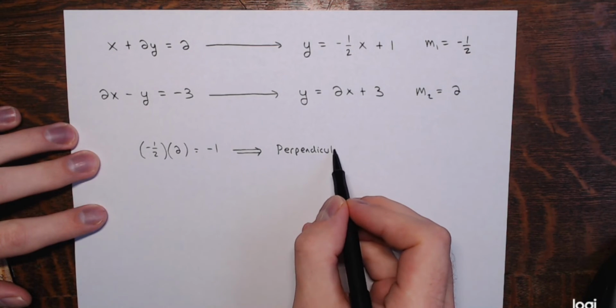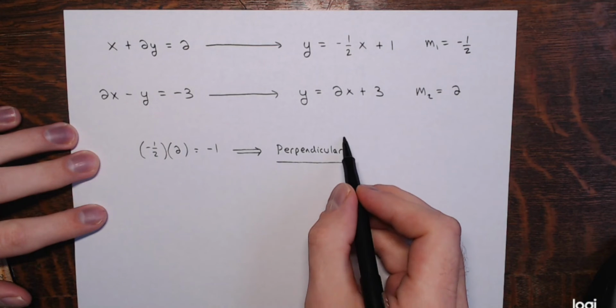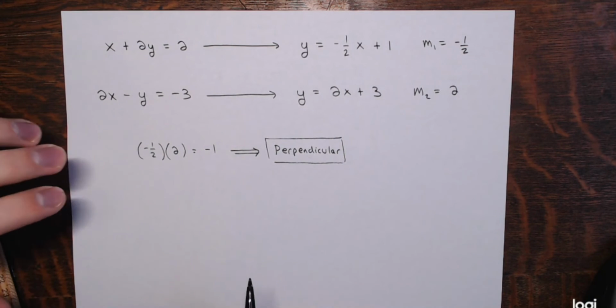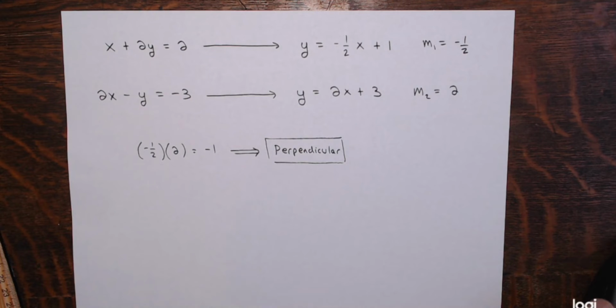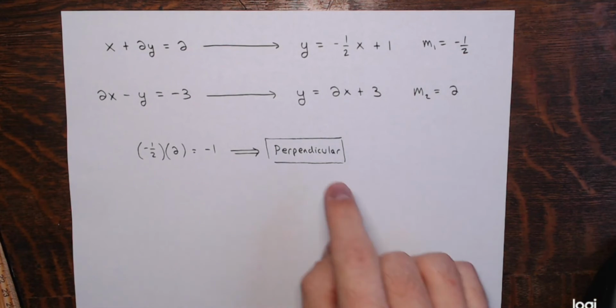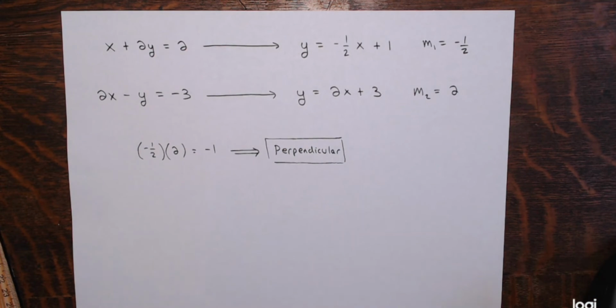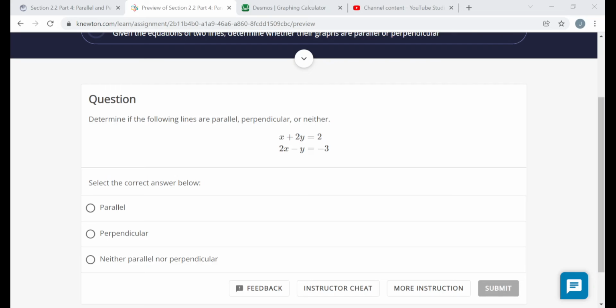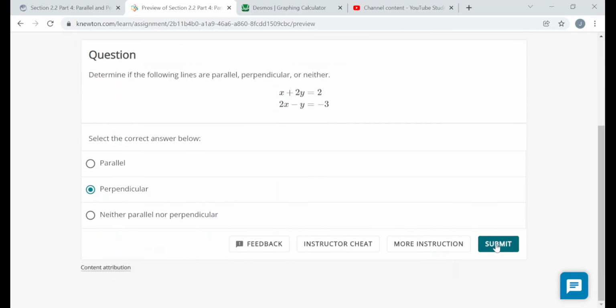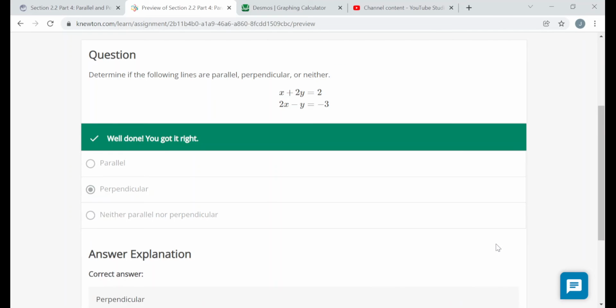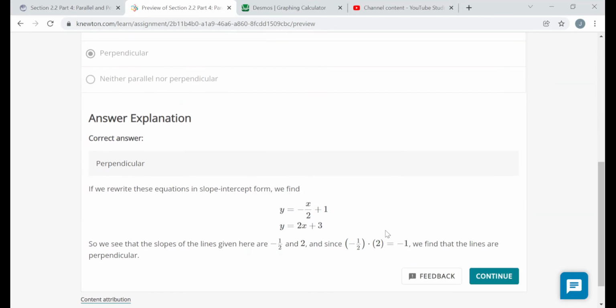And you can go to that Desmos website or some graphing calculator and see for yourself. I'm going to leave that one to you, but you'll see that these two lines meet at a 90-degree angle, a right angle. So perpendicular, submit. Hooray.